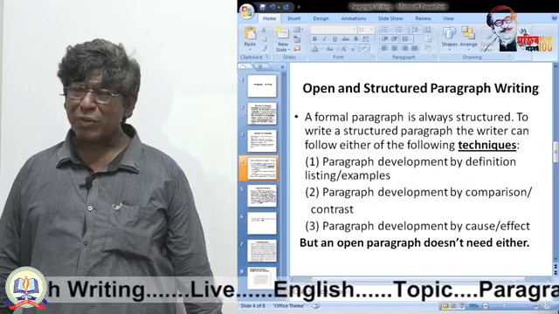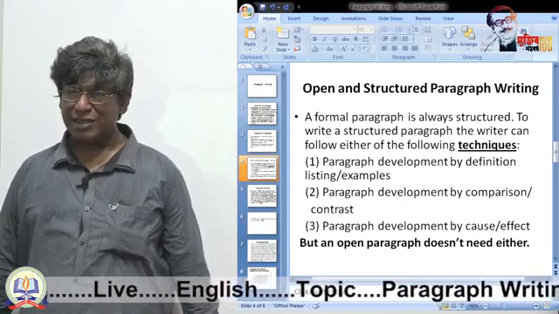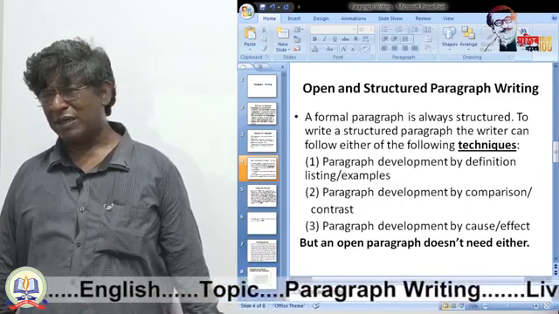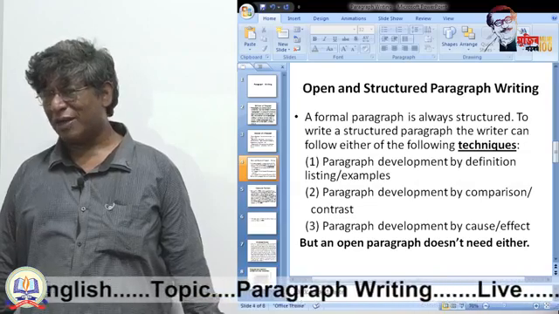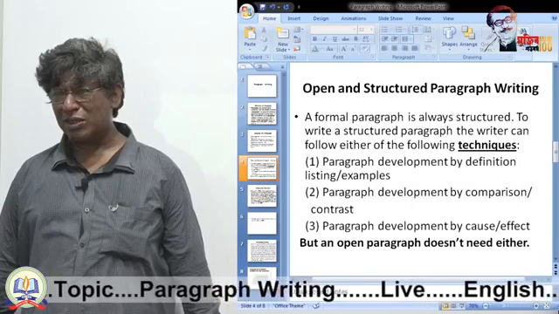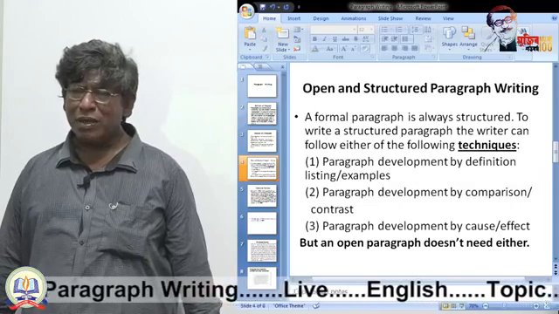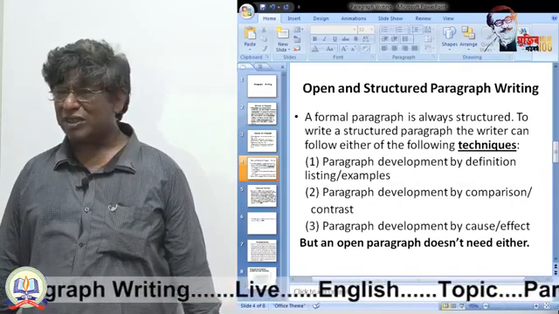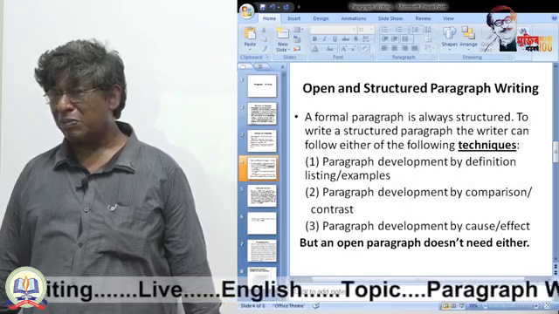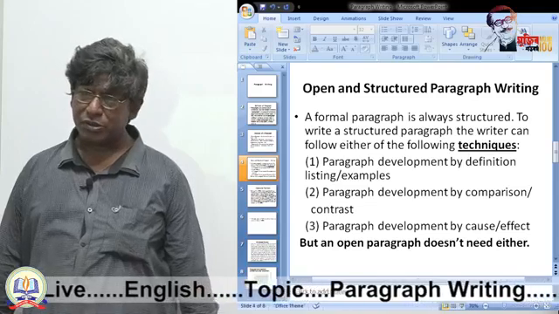Well, structured paragraphs may have a number of techniques which we call paragraph development by these techniques. For example, we may develop paragraphs by definition or listing or examples. When we write a paragraph on a single idea, we use the technique of either definition or listing or examples.